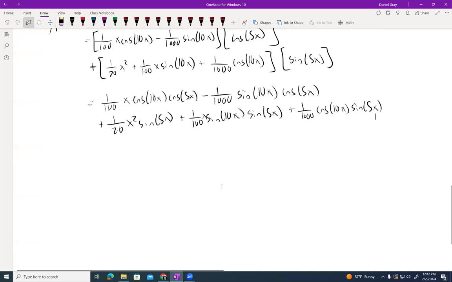In order to simplify this, I see that I have cosines and sines of 5x's, and cosines and sines of 10x's. So I'm going to have to use a double angle identity here. Let's remember that.